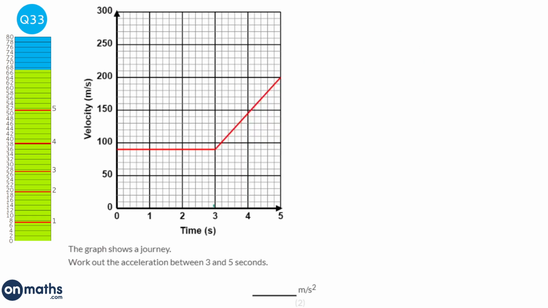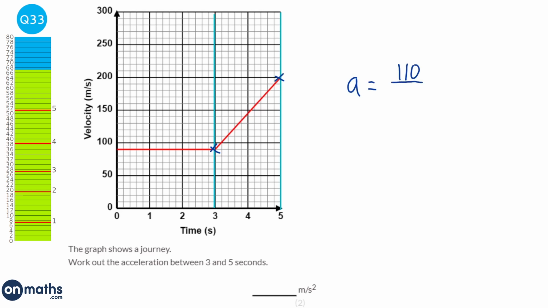So we're looking for the acceleration between 3 and 5 seconds. And acceleration is calculated by the change in velocity. So we're going to see how much the velocity's changed. It started at 90 and it's gone up to 200, so that would be 110, over the time.